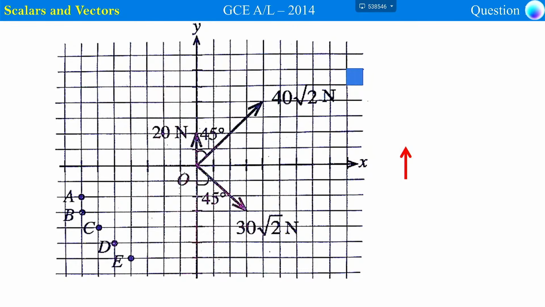Okay. We had 20 Newton. So we bring this 20 Newton to a place, and 40 Newton, and 30 Newton. So this is our resultant. So we need to reverse this resultant, not reversing the resultant.